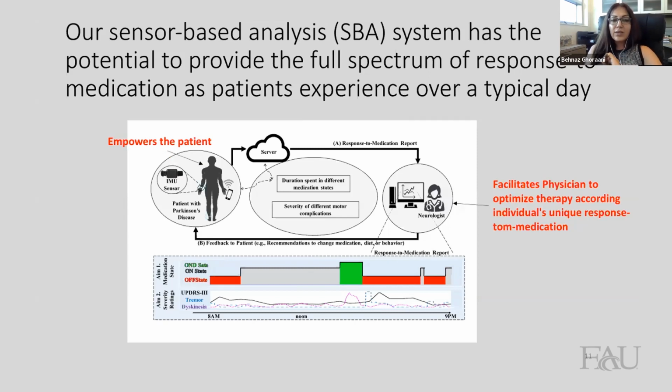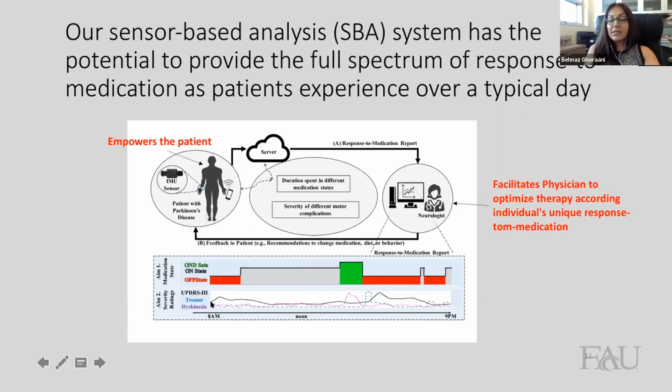So the idea is that we can use IMU sensors, one on the ankle and one on the wrist of the person. Using these two sensors, we can develop algorithms that automate this process and give a report to the physician: the duration of the time that the medication was working, for example this gray area, or when the medication wasn't working, this red area, or when the medication had a side effect, this green area.